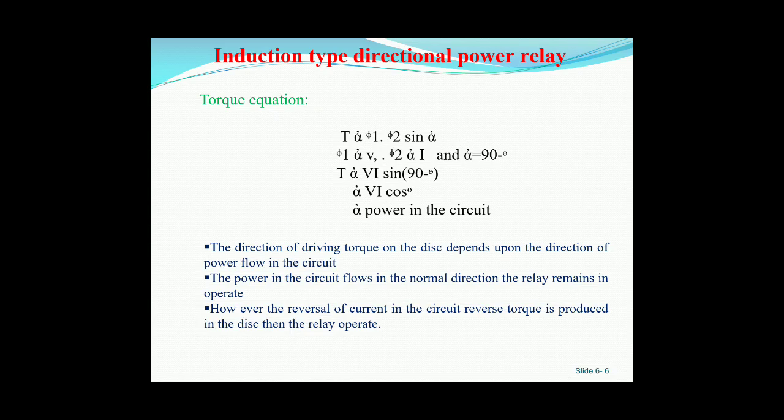Reversal of the current in the circuit reverses the direction of the driving torque on the disc. Due to the production of a reverse torque, the disc rotates in the reverse direction, and then the moving contact closes the tripping circuit.